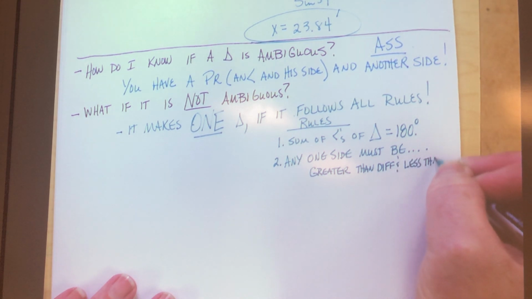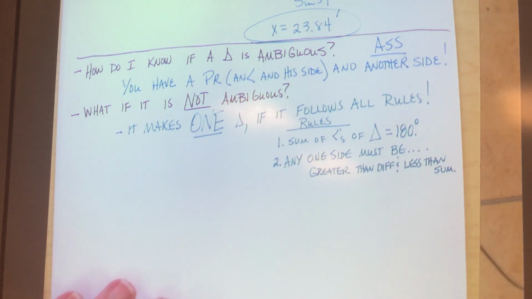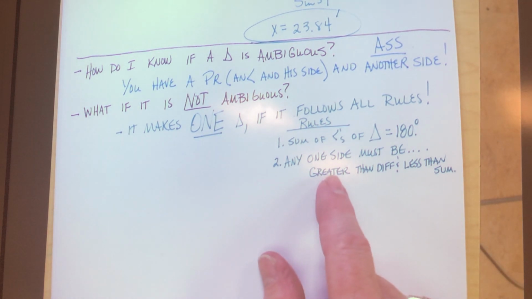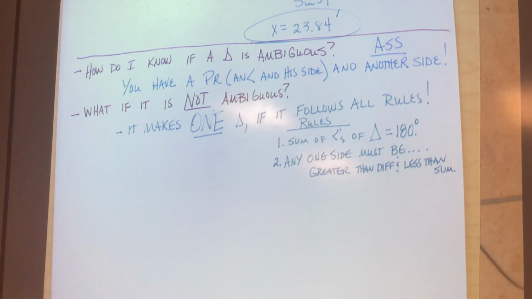Very good. Greater than the difference. This comes into play when I give you all three sides of a triangle. Obviously, that is not ambiguous. So what you're going to have to do is go through and make sure that every side is greater than the difference between the other two sides and less than the sum of the other two sides. Okay, so right now we're going to play a game.